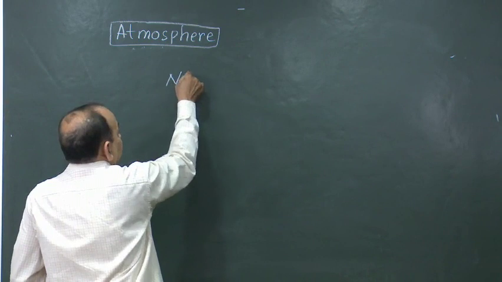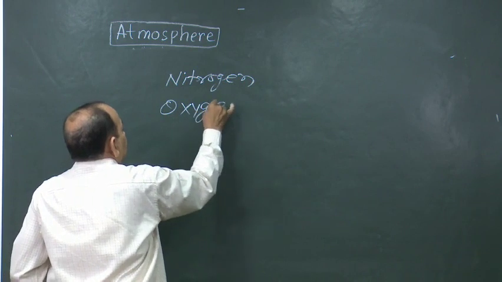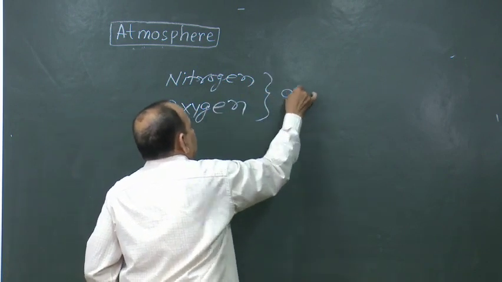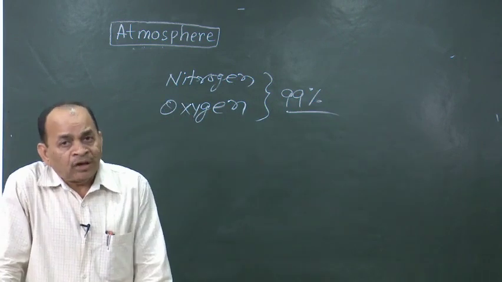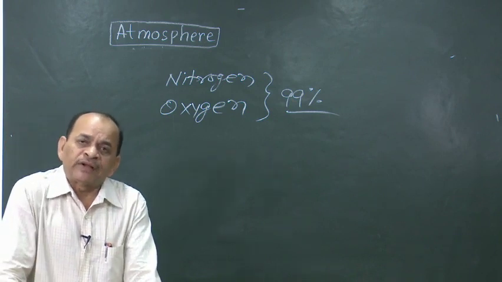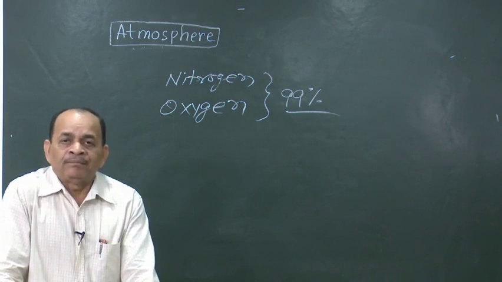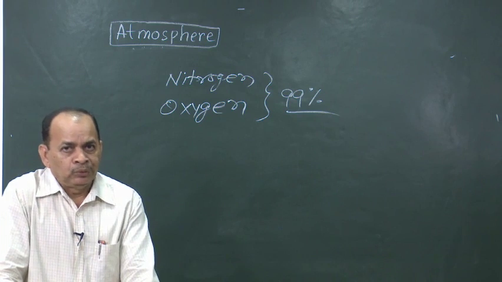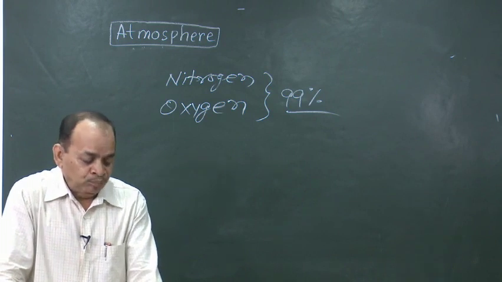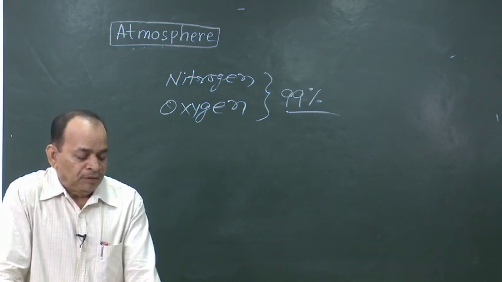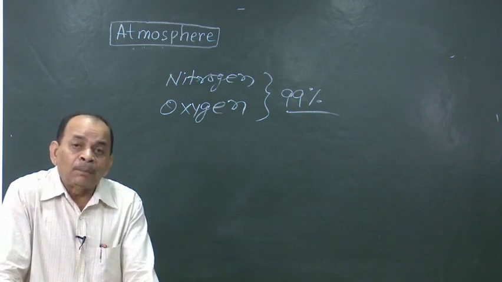Other gaseous substances are also present, but nitrogen and oxygen contribute 99%. The balance 1% comprises a large number of gases.